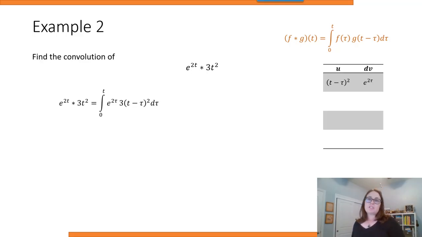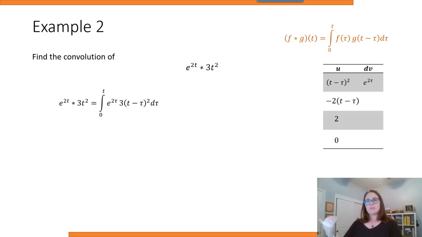Taking the derivative of t minus tau squared, I'm going to get negative 2 times t minus tau. Again, I'm just doing the power rule there and chain rule, taking the derivative with respect to tau. Taking the derivative of the negative 2 times t minus tau is going to give me a 2. And then the derivative of that will be 0.